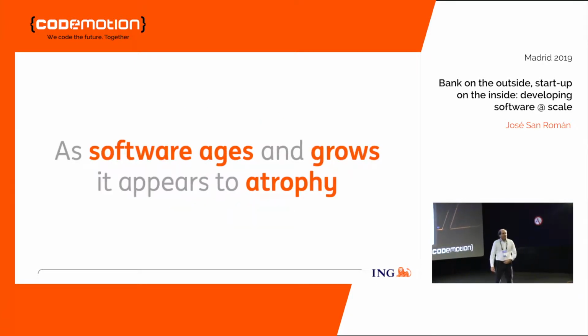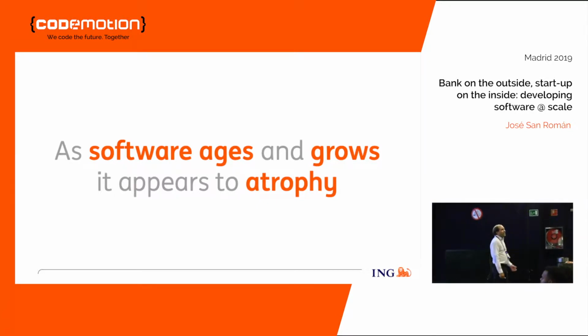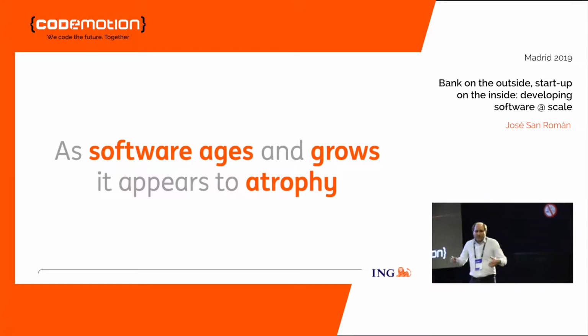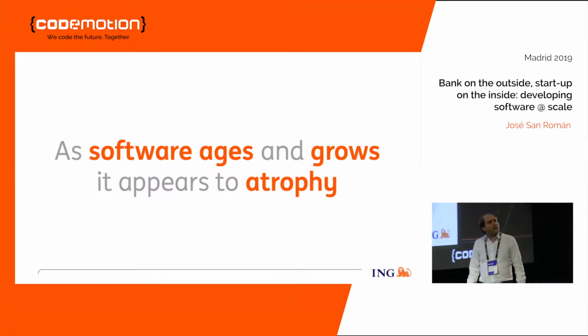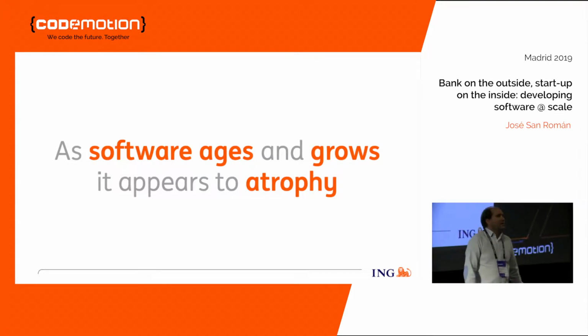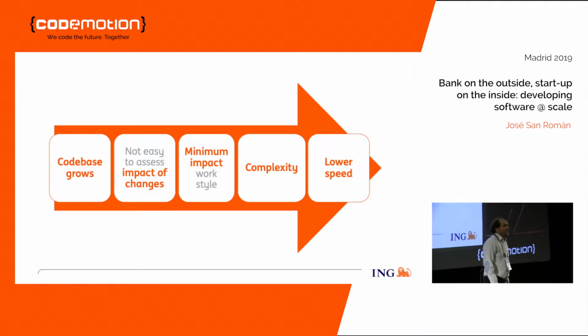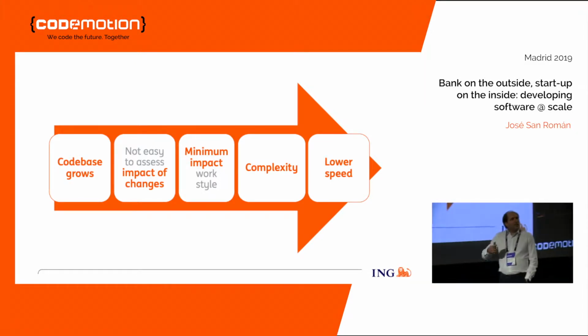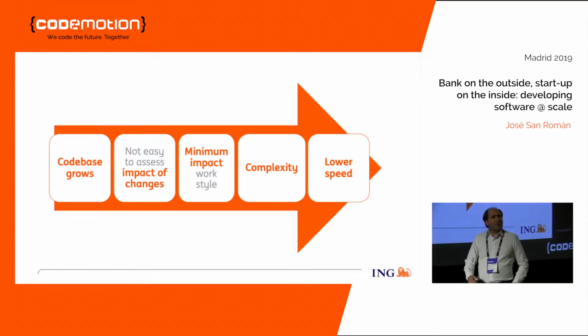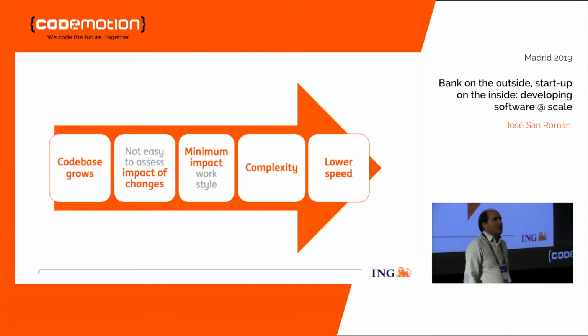But we know that when software ages, it becomes a mess, and it appears to atrophy. It becomes messy because everybody is changing that software. This is the journey I think happens when you're growing your code base.